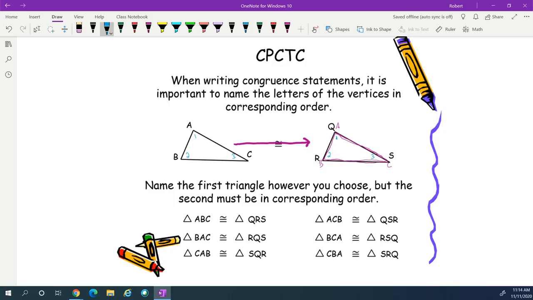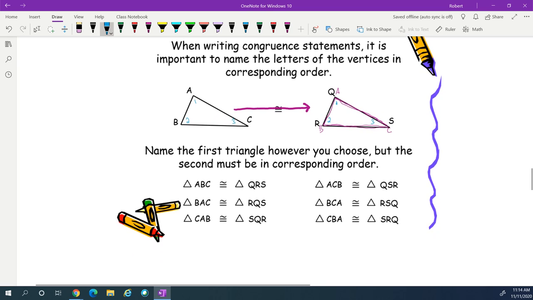Again, keeping it very simple with just a translation here. So now I can name the first triangle however I want, but I have to match the corresponding order when I name the second triangle. So let's look at a couple examples here. If I name the first triangle ABC, that's corner 1, corner 2, corner 3.